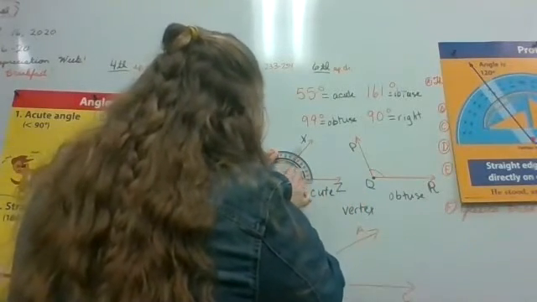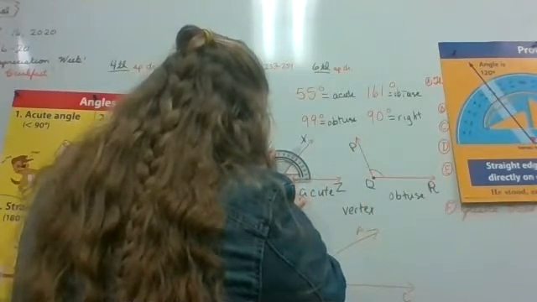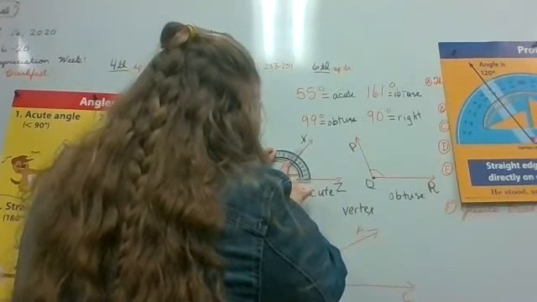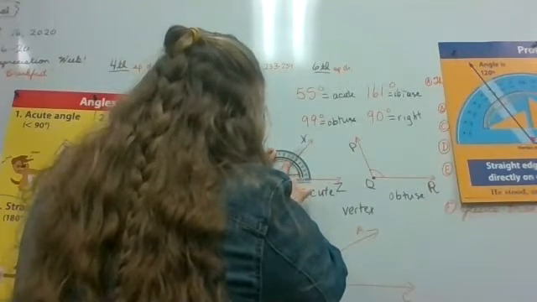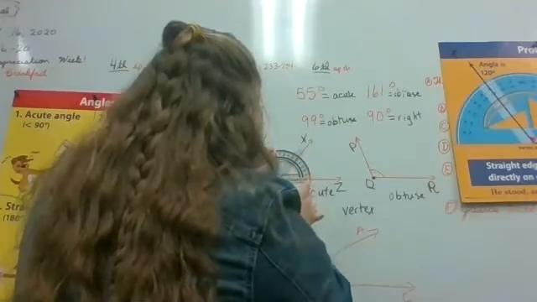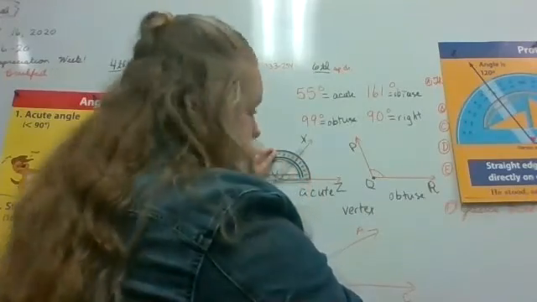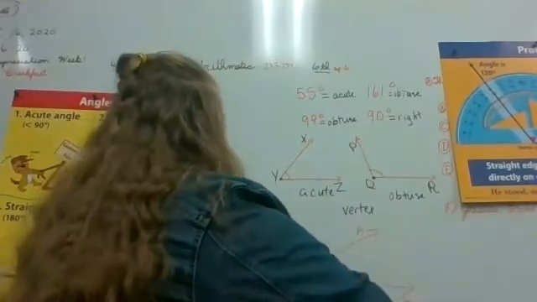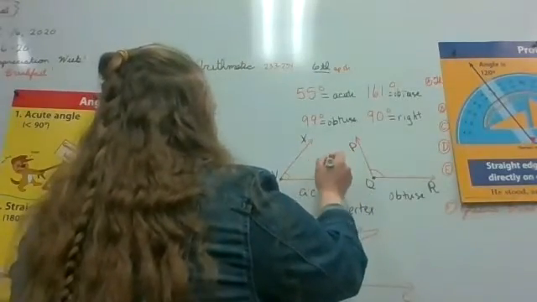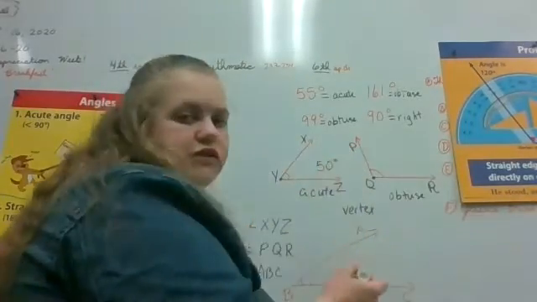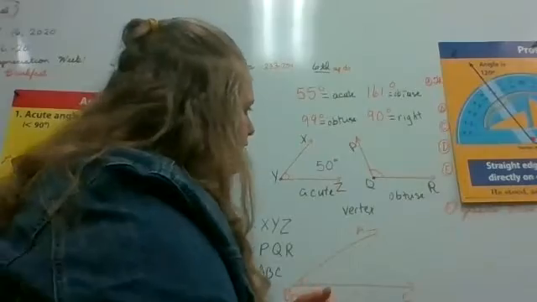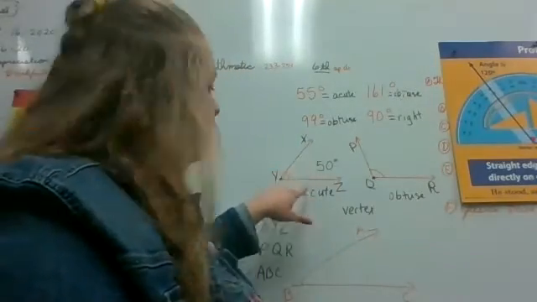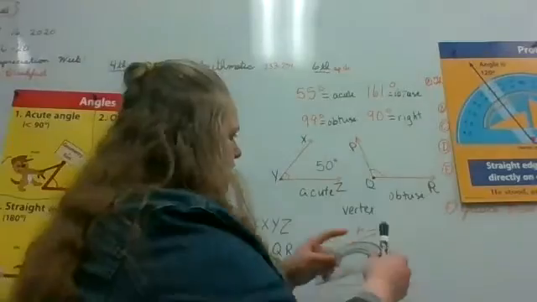If you have one of the arms, or you can use a ruler or a straight edge, this angle is about 50 degrees. So this is a 50-degree angle. Remember, we put the 50 and then a little 0 to mark that it's degrees. Remember, it's less than 90, so that is definitely an acute angle.